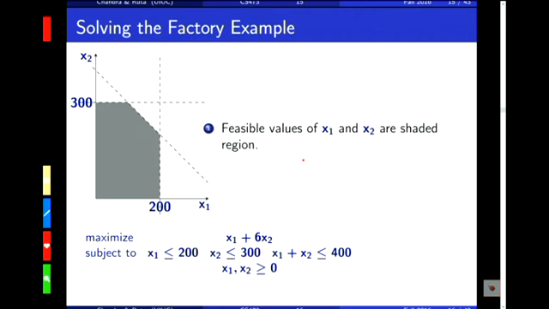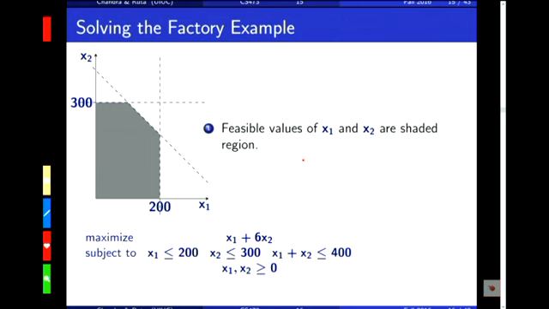And the third constraint, which is more interesting, is saying x1 plus x2 should be at most 400. So what is the intersection of this? This is the line. It intersects x1 equals 200 and x2 equals 300. So this is the x1 equals 200 line. If I set x1 equals 200, x2 can be at most 200, right?